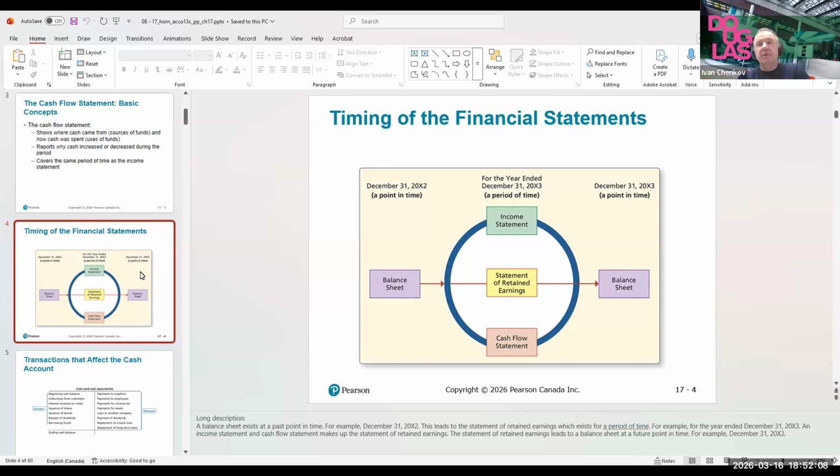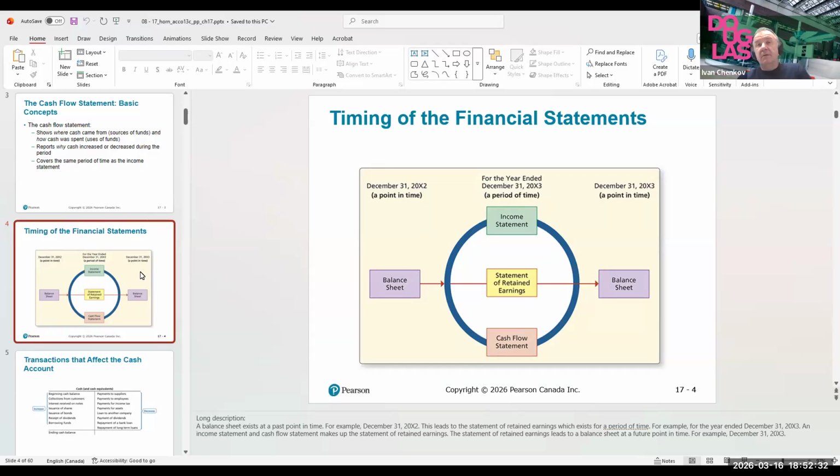The shortest reporting period of the company is a month. The longest one is going to be a year or the operating cycle of the company. So once the time starts passing, events start happening. Those events will be captured by different statements in the financial statements of the company.